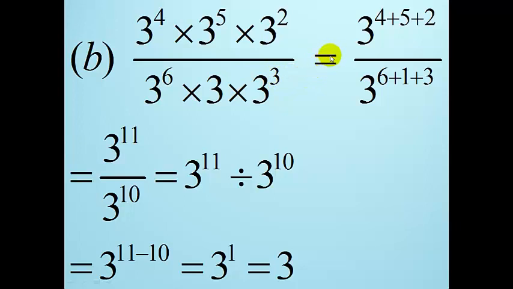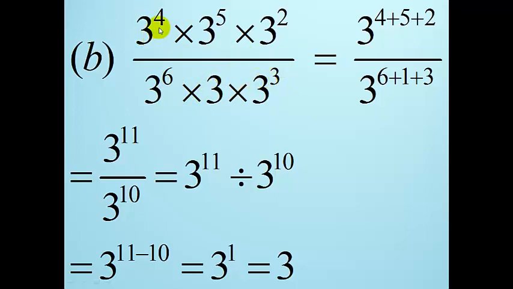Now, when we consider the numerator, we can see that the numbers are of the same base, and the base is 3. And so, according to the first law of indices, we keep one of the bases constant and add the exponents together. So we have 3 exponent 4 plus 5 plus 2, all divided by 3 exponent 6 plus 1 plus 3.